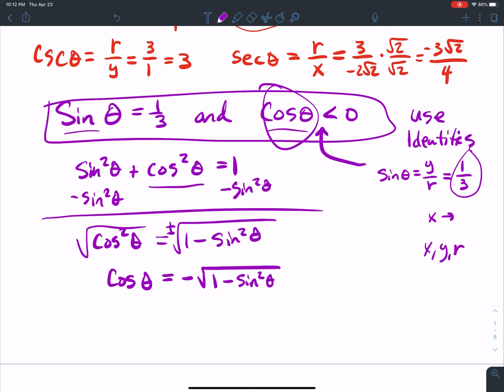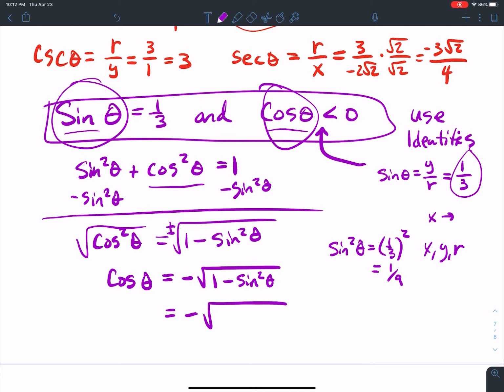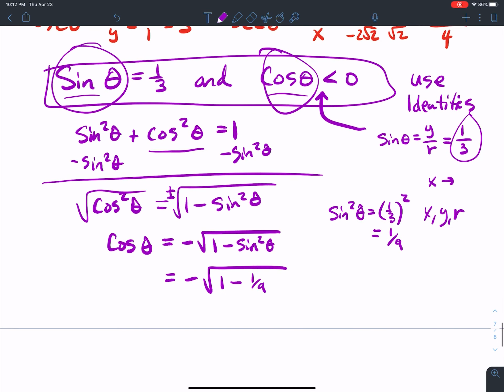Well, what do I know? The sine of theta is 1/3. So sine squared of theta is 1/3 squared, which is 1/9. So this is equal to negative square root of 1 minus 1/9. Now, 1 minus 1/9, what's that? If this was 9 over 9, that would be 8 over 9.